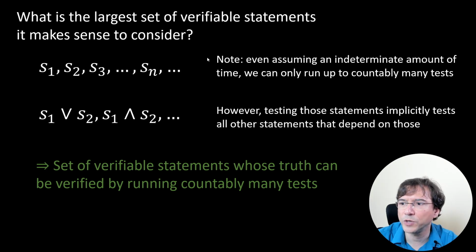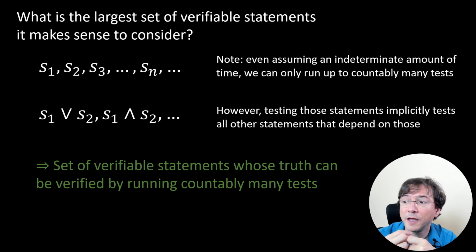And so one of the things that we note is that even assuming an indeterminate amount of time, we can only run up to countably many tests. Because to any test we can at most give a finite amount of time, and therefore we can only run countably many tests for a finite amount of time each. So more than that does not make sense.